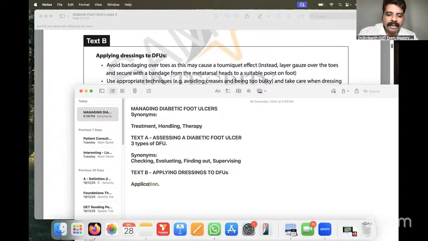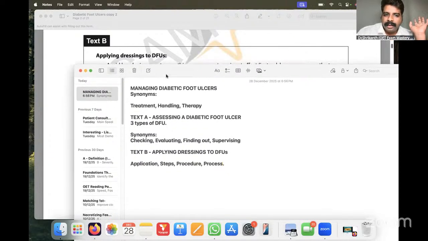We understand that it is application: the steps, the procedure, the process involved in the application of dressings to patients who are suffering from diabetic foot ulcer.